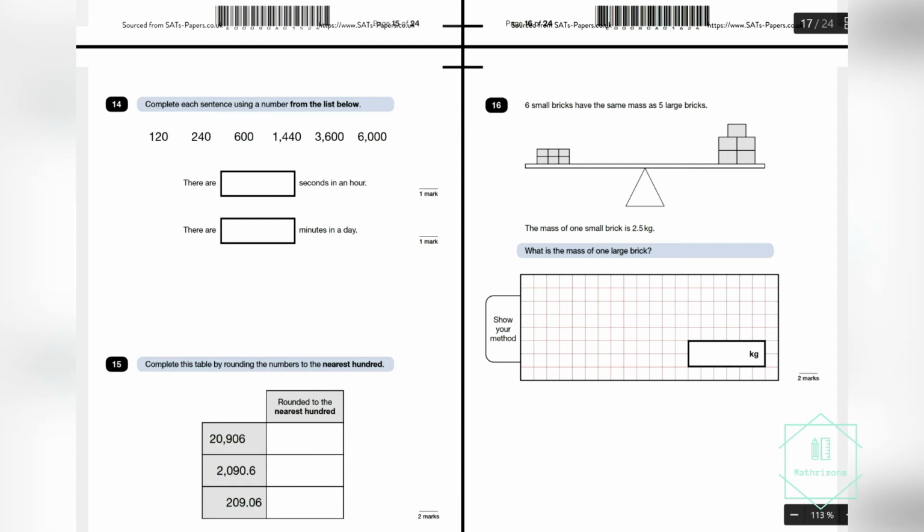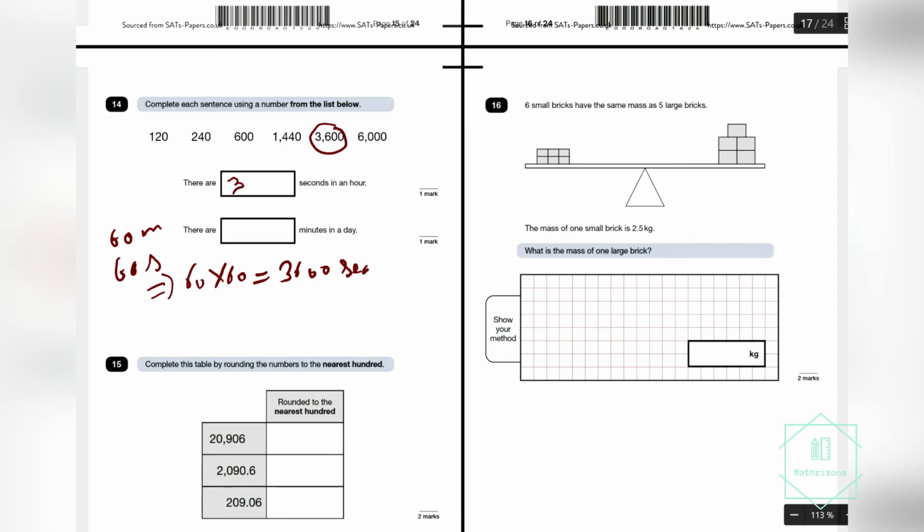In an hour there are 60 minutes, and each minute has 60 seconds, right? That means the total number of seconds in an hour will be 60 times 60. Two zeros, 6 times 6, 36. That means in an hour there are 3600 seconds.